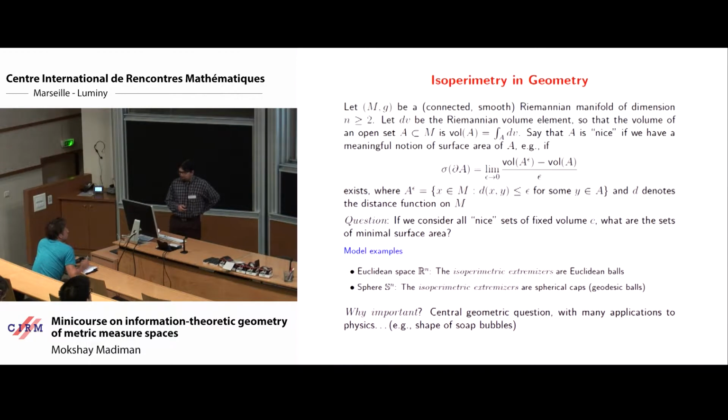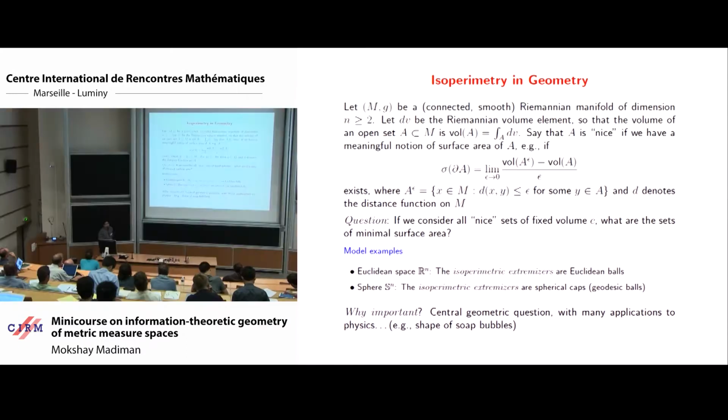And suppose dV is the Riemannian volume element, so you can measure the volume of an open set using that volume element. And let's say that A is nice in the sense that we can measure the surface area of A. So we can define the surface area of A, for instance, as the volume of an expansion of A minus the volume of A, divided by epsilon, where this expansion of A is the set of all points in the manifold which are within distance epsilon of some point of A.